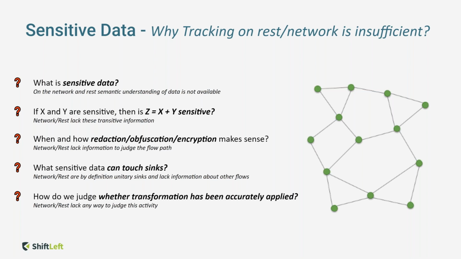So if there are two elements, X and Y, they might not be sensitive in their own respect, but when they are combined or when they are used in a certain fashion within the application, that is when it might become sensitive, right? So you might have, say, a first name, which in itself is not sensitive. You might have another PII data, which also might not be sensitive on its own.